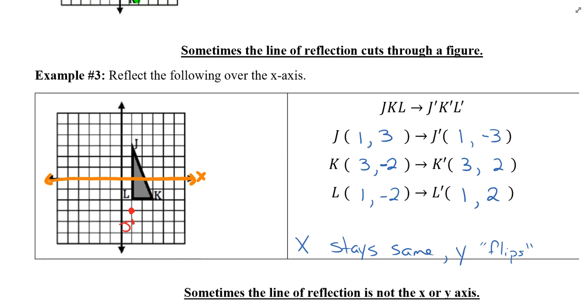So the image of K is going to be at 3, +2. And exactly as we said, it's above the x-axis. And then the image of L would be at 1, +2. And notice that's over the figure that's already there. That's okay. That will happen, especially if your figure is being cut by the line of reflection.